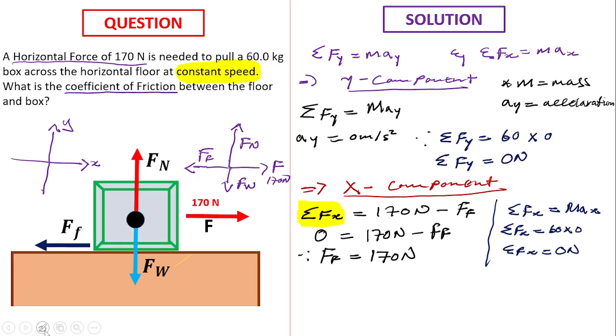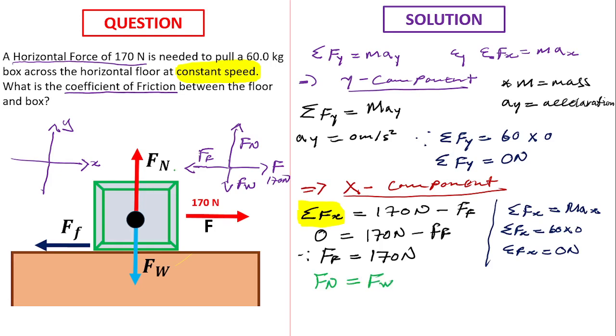So how can you easily find the normal force? Remember from the previous class, we said in most cases, but not all cases, where the body is at rest and the forces acting on them are not at an angle, Fn, which is the normal force, is equal to what?